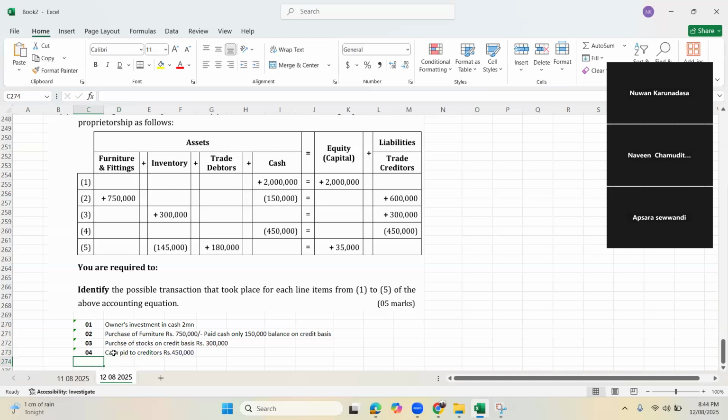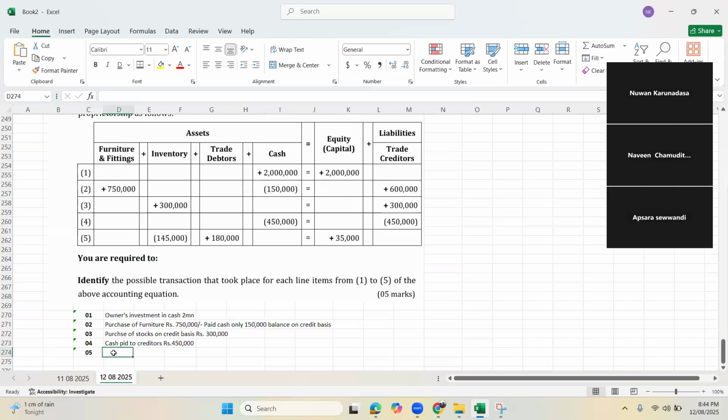Then number 5, the last. Inventory come down, debtors increase, equity increase. Try both.